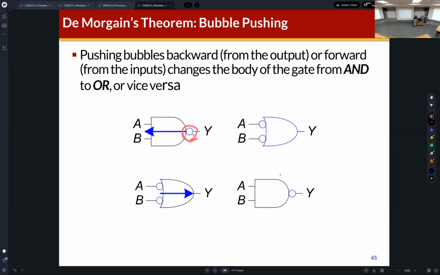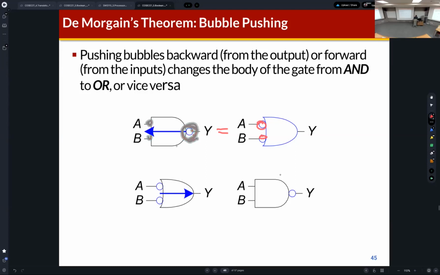If we find a bubble at the output of a basic logic gate, like an AND gate or OR gate, it only applies to the AND and OR gates, then we can move this bubble to all the inputs, and the gate changes, so these gates are the same.